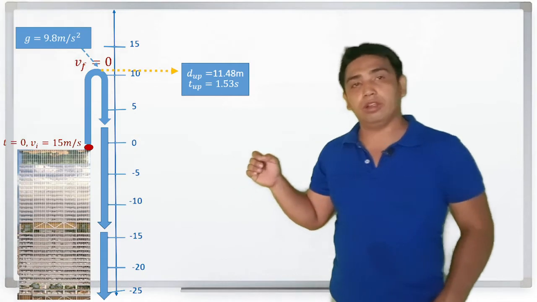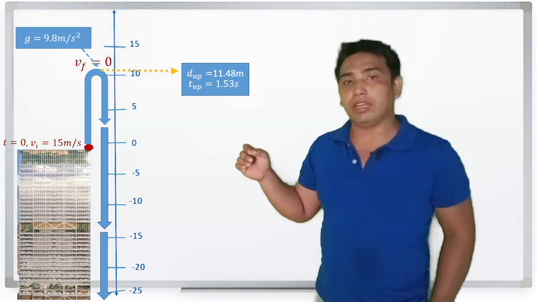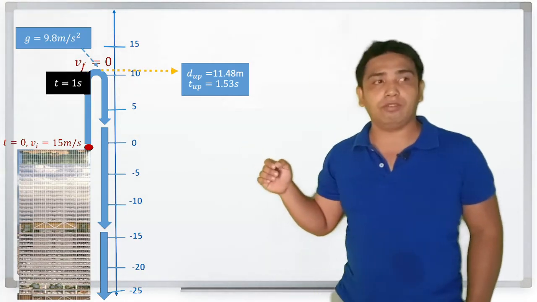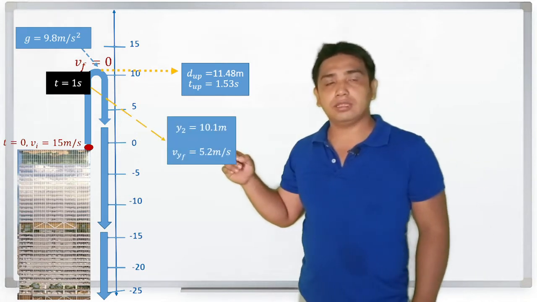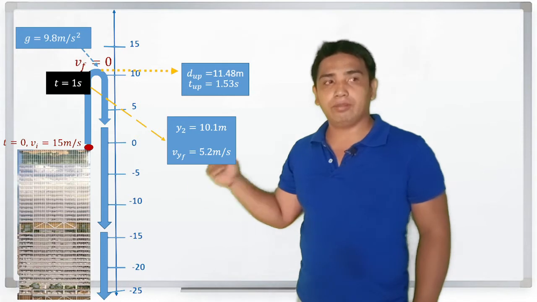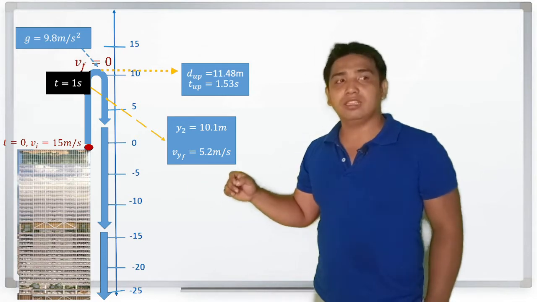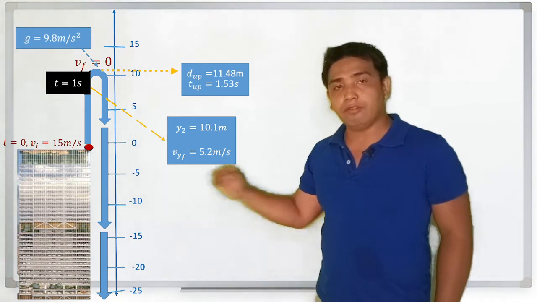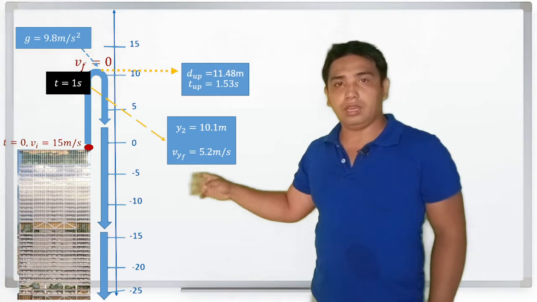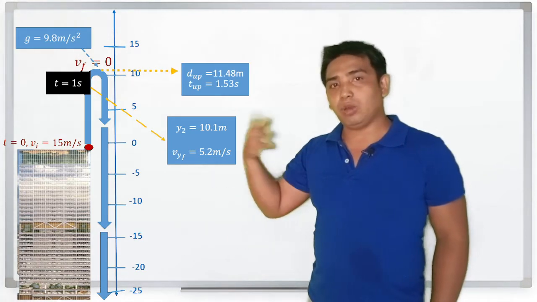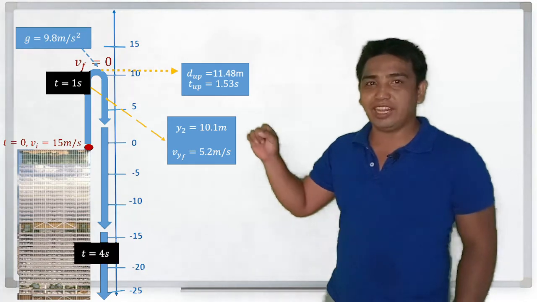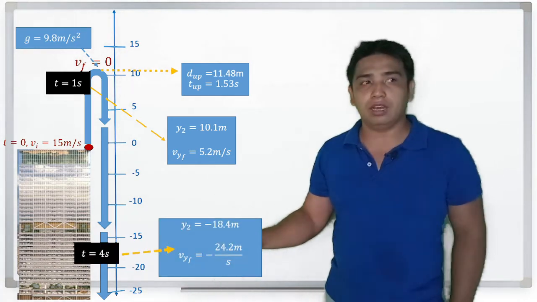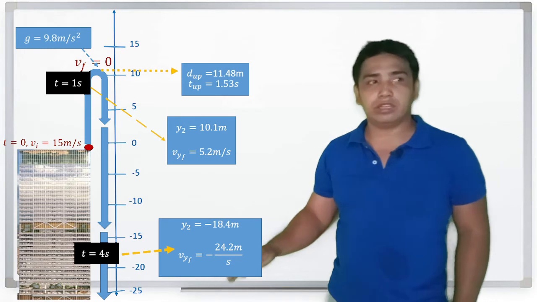Alright, so after 1 second, you are asked to find the position of the ball, and you were able to find it. And that's 10.1 meters away from the railing, and the velocity is still positive, and that's going to be 5.2 meters per second. And on its way back home, you missed to catch the ball, so it travels freely and directed towards the ground, or towards the center of the earth.